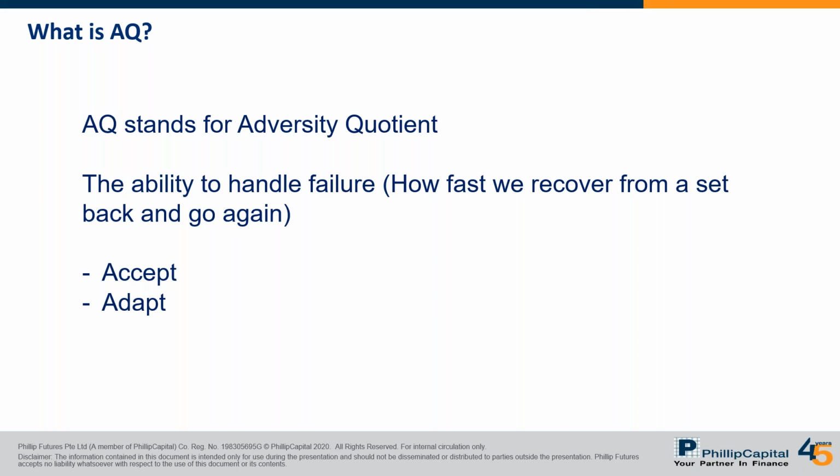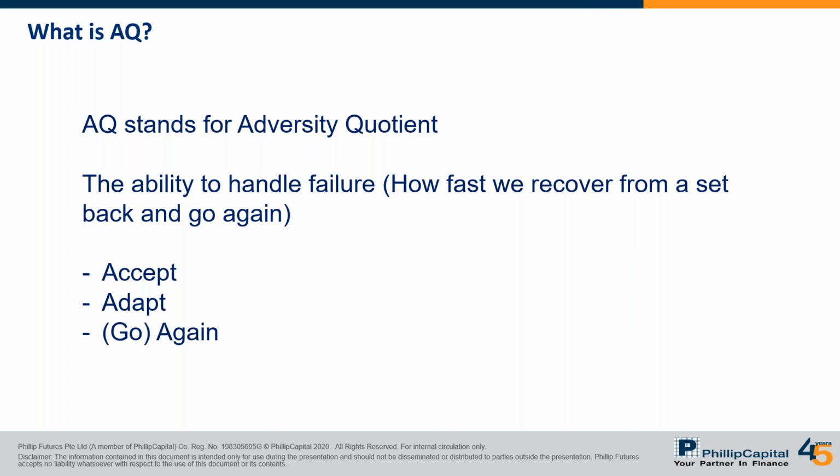So we adapt. If the market has changed, I may need to review and tweak my strategy, or even change the whole strategy. Some traders are so married to their own method that they refuse to change even when the market condition has changed. Adaptability is a very strong characteristic of a successful trader.